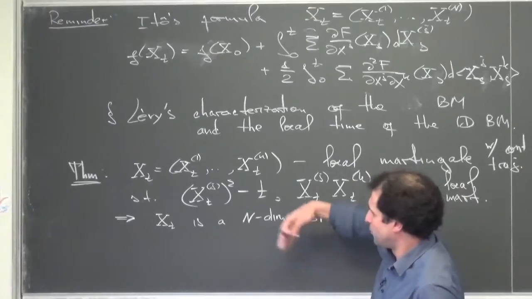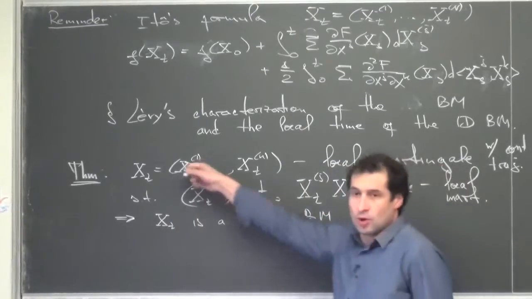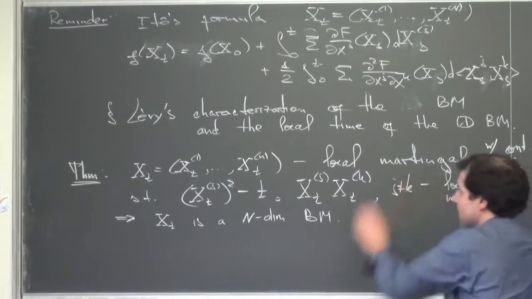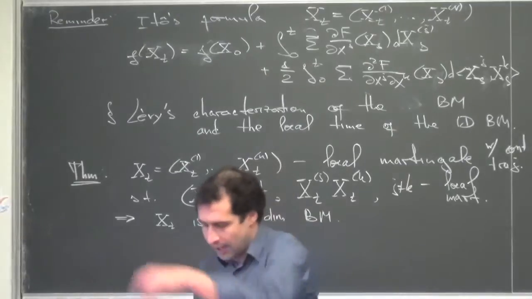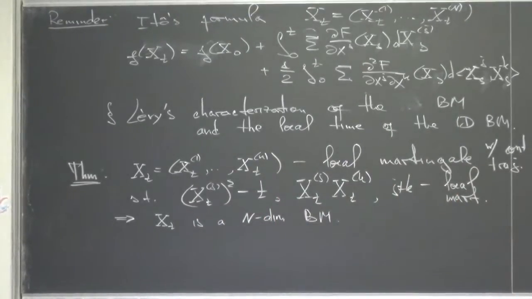But to prove that something is a Brownian motion, it's enough to know only the first two. And the reason is that for continuous local martingales, the quadratic variation always exists, so that is the deep reason.